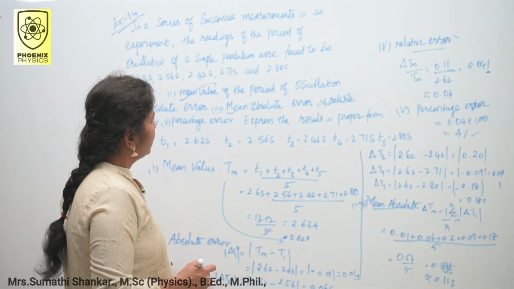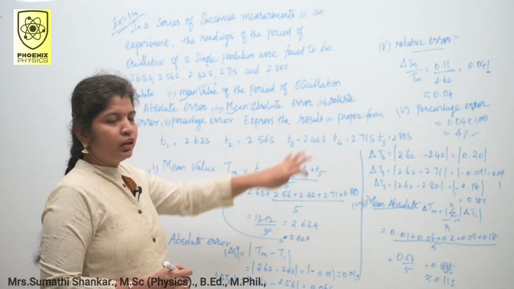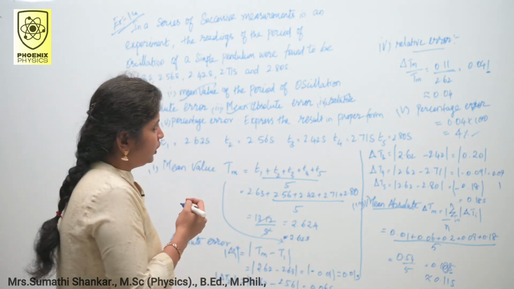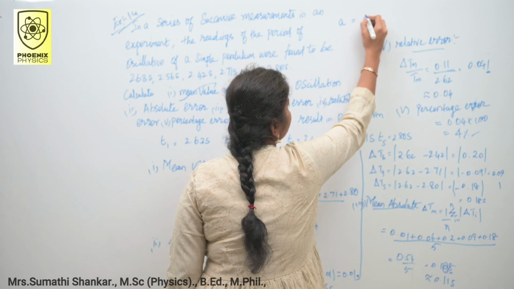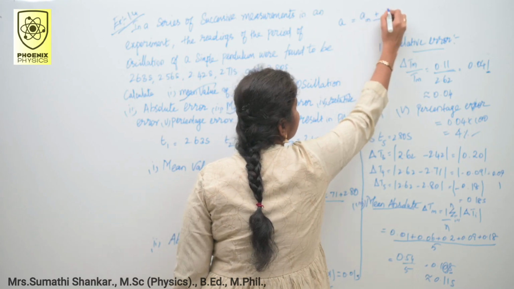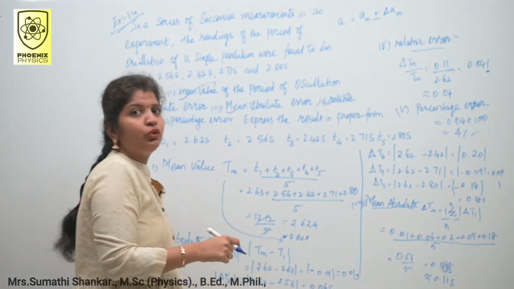Next one is to express the result in proper form. How do you express the result? Any value should be written like this: Am, our mean value, plus or minus delta Am, the mean absolute error.